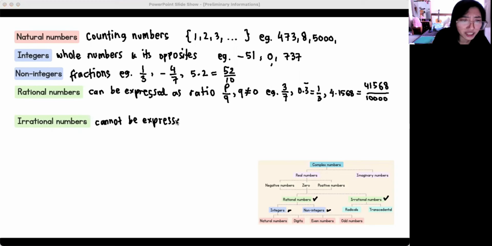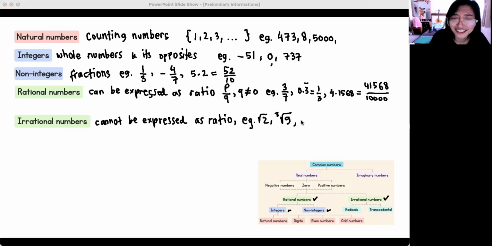Numbers that cannot be expressed as a ratio: square root of 2, and then cube root of 9, and pi. The first man who proved that square root of 2 cannot be expressed as a ratio is Hippasus. You can search more about him.